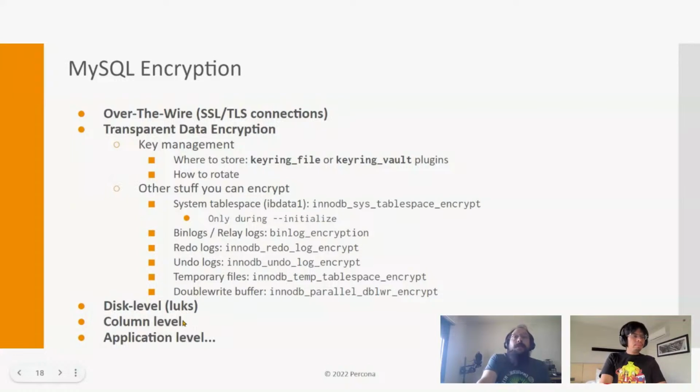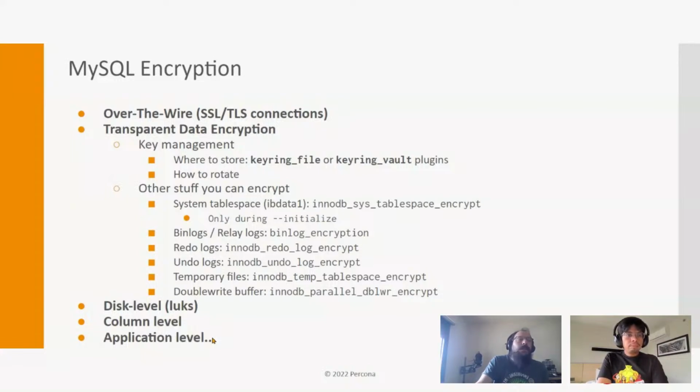Then column level, sadly, this does not exist. There is no such column level encryption. So what am I mentioning here? I'm mentioning it because it brings us to application level encryption. Again, this could have been mentioned on the application slide, but I think it makes more sense to mention it here.